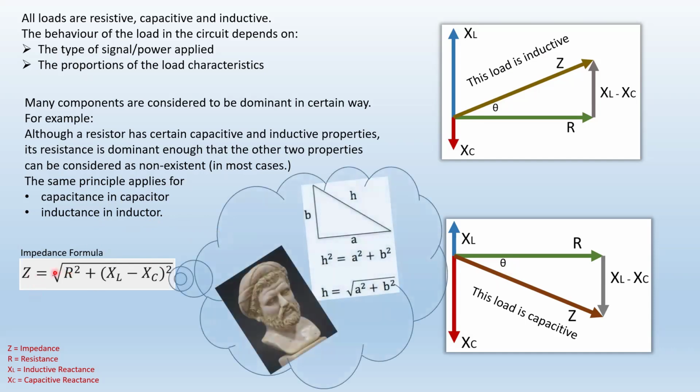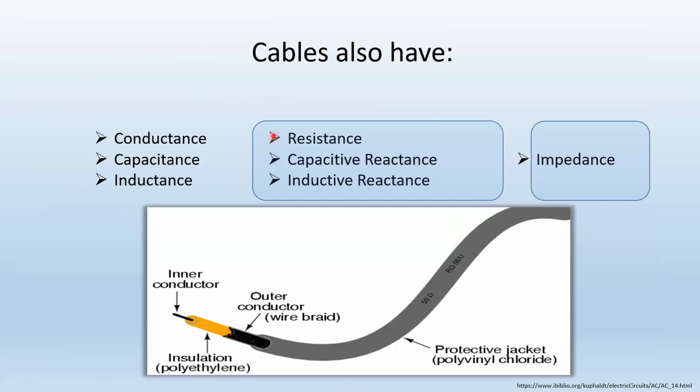And now, how do we calculate that? Here's a guy named Pythagoras that calculated the pyramids and all that stuff. So here's the Pythagorean theorem, all right? That's how you can also use trigonometry to calculate those. You can do it either way. So what's impedance?